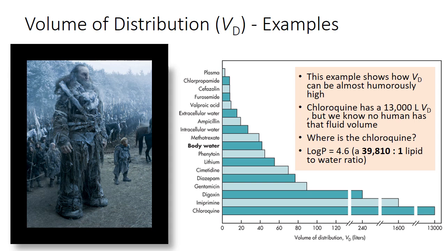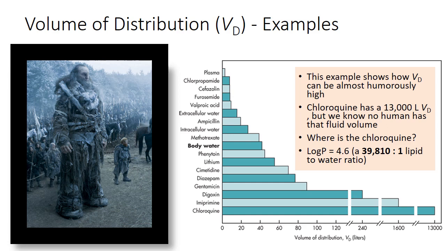How is that possible? The point is that we're only measuring the drug concentration in the plasma. So if most of the drug is gone from the plasma and goes into fat tissue, for example, it'll look like the drug is diluted in a swimming pool, right? Because there'll be none left in the plasma where we're actually measuring it.